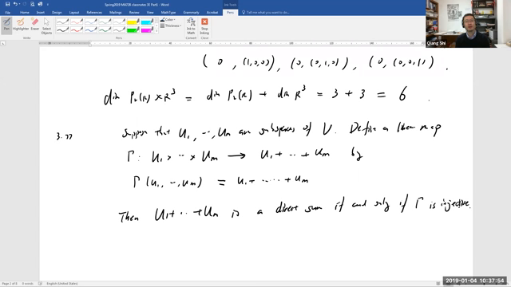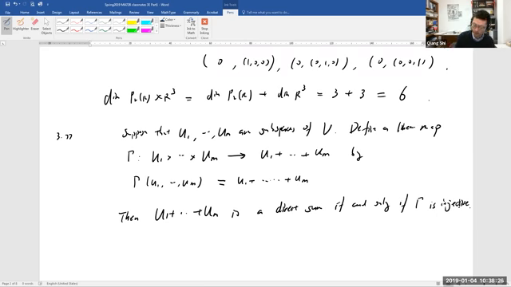For an injective map, we have a lot of properties we proved in an earlier section when we studied whether a linear map is injective or surjective. And a couple of things are immediately noticeable here. One is that by this definition of the gamma map, this one is obviously also going to be surjective.